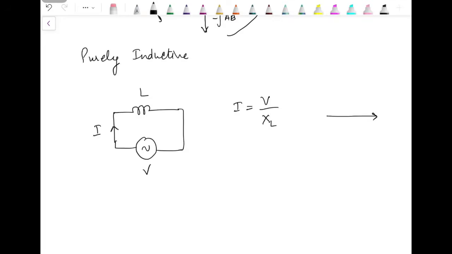If voltage is over here and current is over here, then voltage leads the current by 90 degree. Or what we say is that current lags behind the voltage by 90 degree.